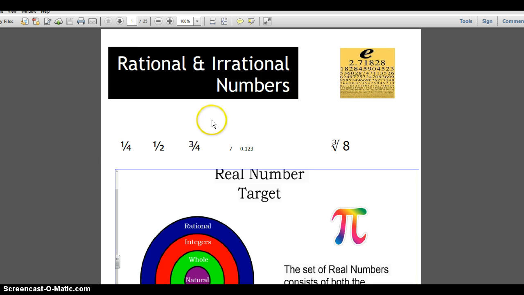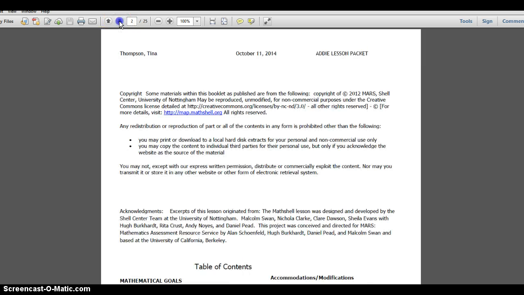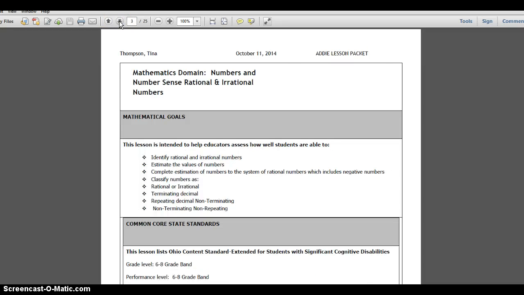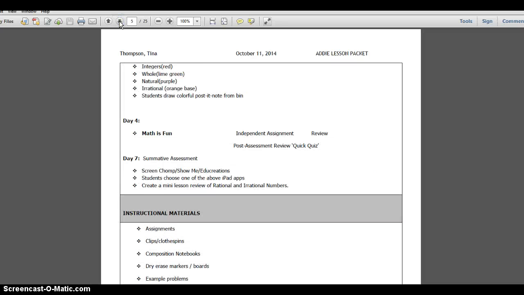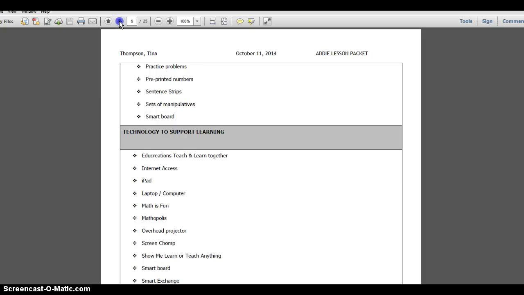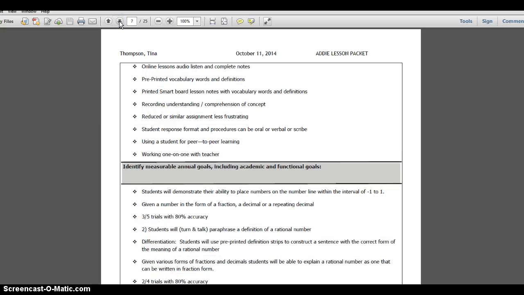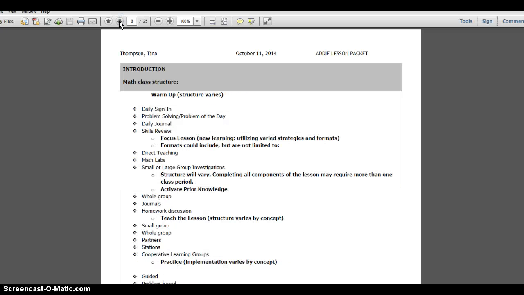The actual Addie math instructional design is saved in a PDF document. You will see here within the document everything to coincide with the Smart Exchange lesson and the introduction and basically the framework for how class is conducted.